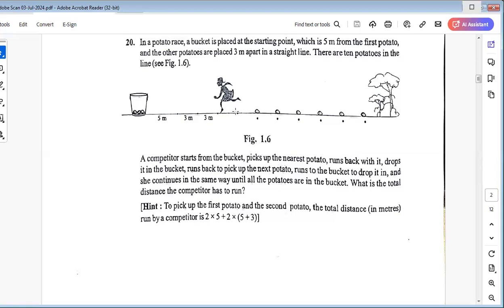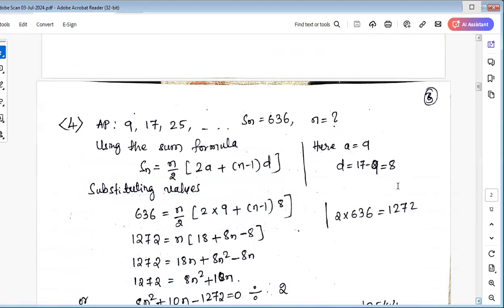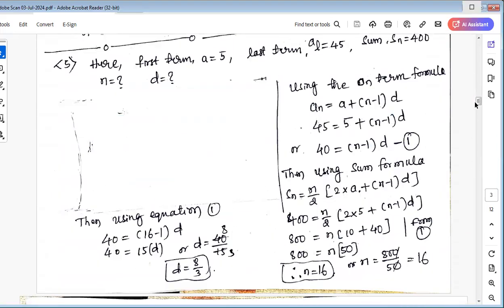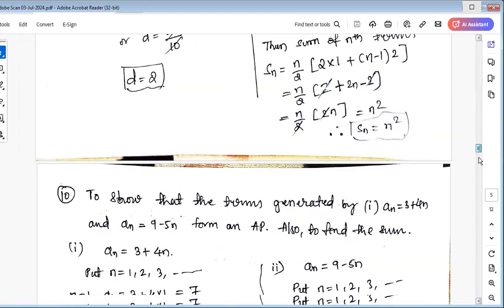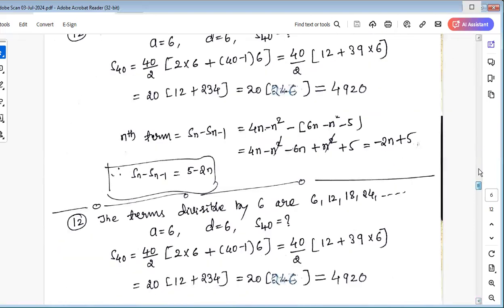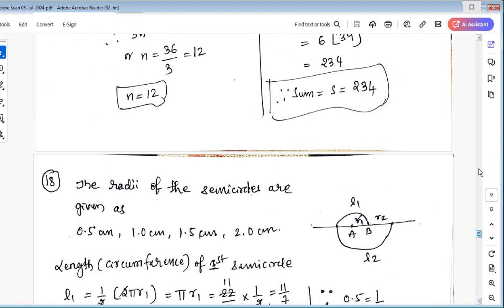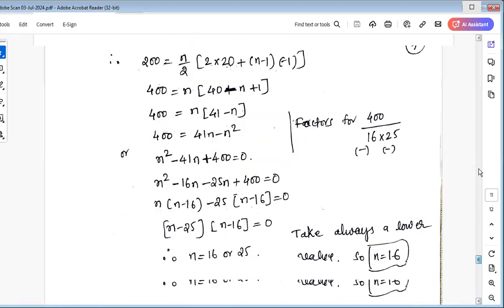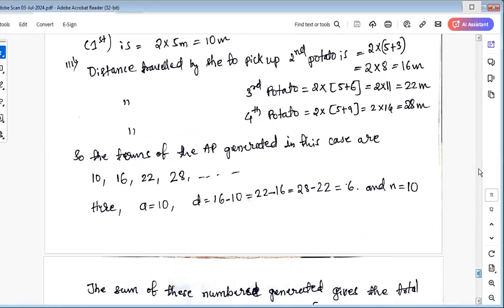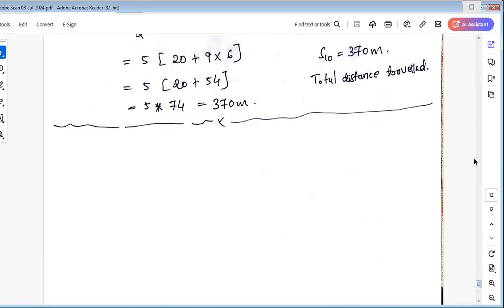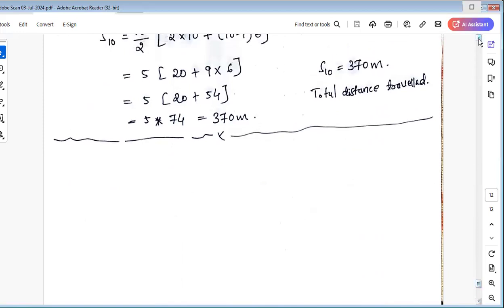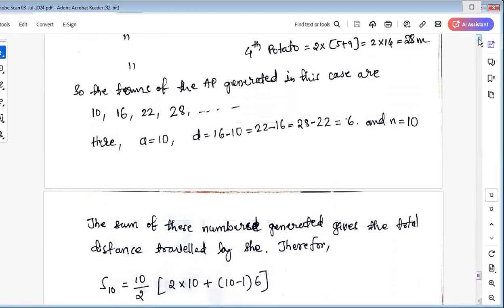So in this way, she will continuously be running until all the potatoes are completed. So it is a very interesting problem, and it can be solved very easily with the help of this arithmetic progression. So that is the beauty of this arithmetic progression. Some complicated problems can be solved with this arithmetic progression.